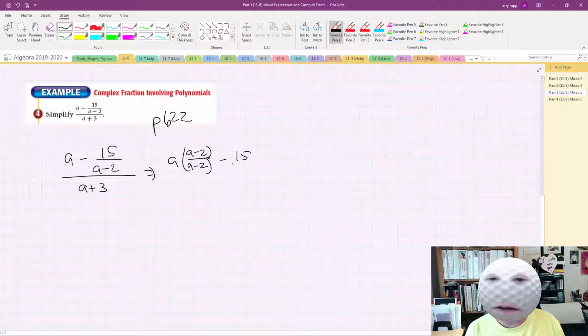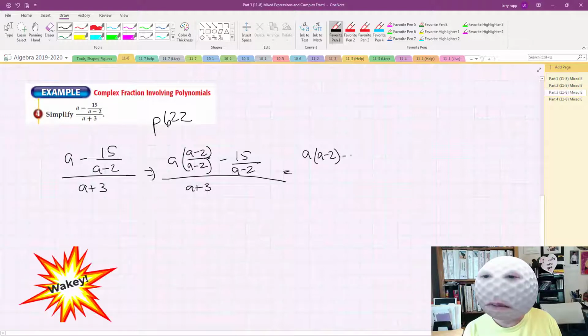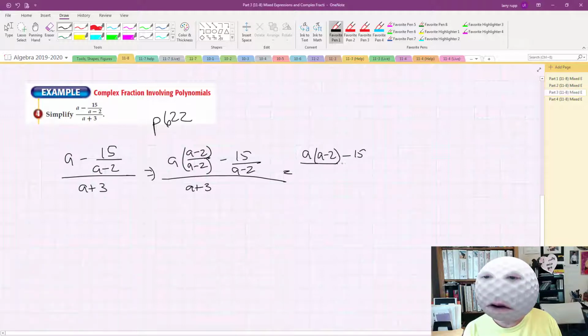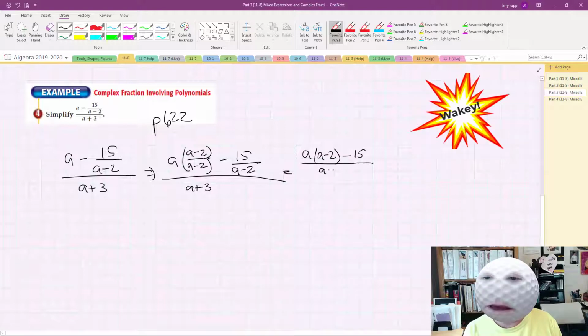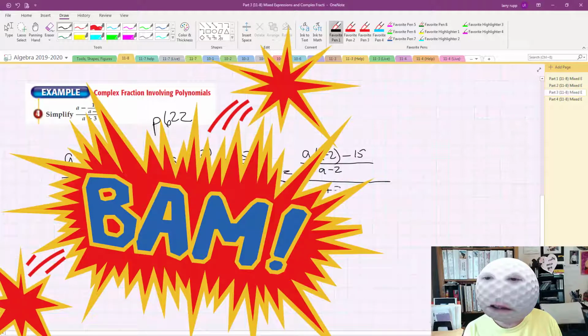Minus 15 over a minus 2 all over a plus 3. So here's what we've got. A times a minus 2 minus 15 all over a minus 2 divided by a plus 3.